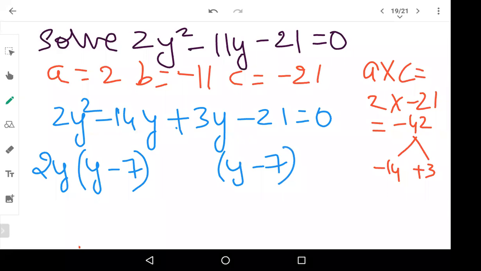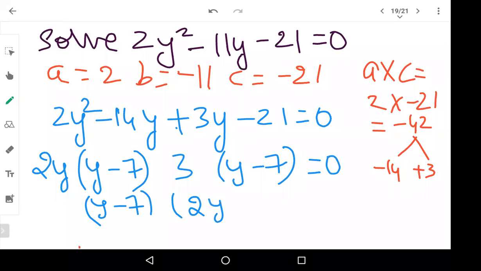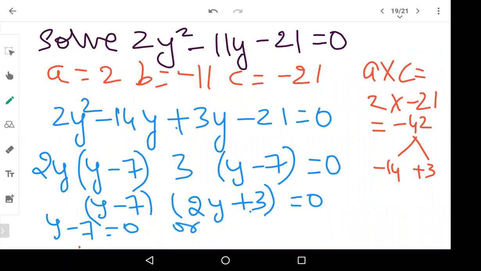So I will take 3 as common is equal to 0. So y minus 7, 2y plus 3 is equal to 0. Y minus 7 is equal to 0 or 2y plus 3 is equal to 0.